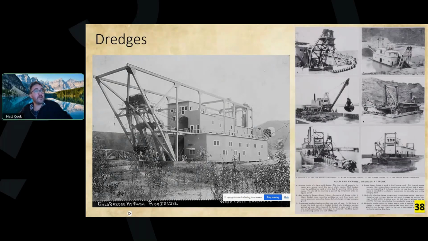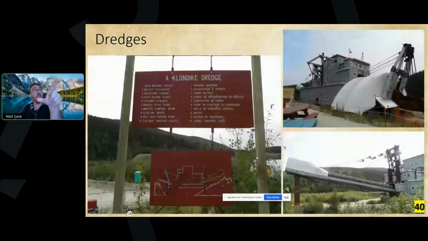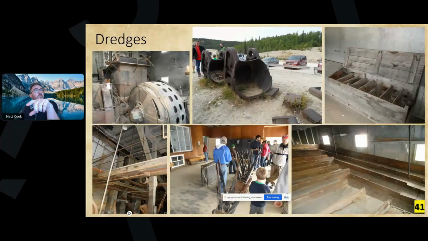These things are 4 or 5 story buildings, and they can be run by as few as 4 people: somebody to run the winches, people on the shore to direct them, and somebody to power it from the inside. So you can go visit these. There's still one there. I think you can still go inside. They're really fascinating. Some pictures there.